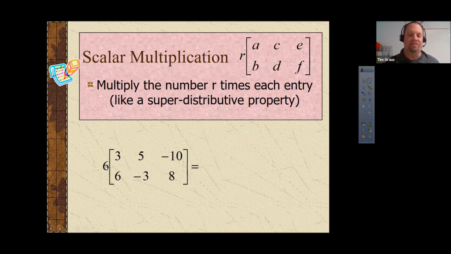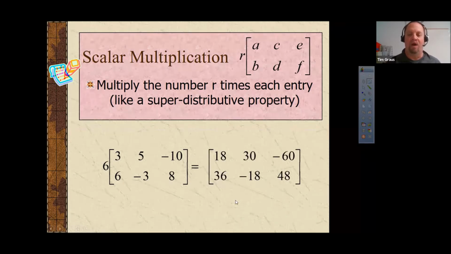So in this instance, I'm going to take the 6 times the 3, 6 times 5, 6 times negative 10, and also multiply the 6 across the bottom row, 6 times 6, 6 times negative 3, and 6 times 8. And we'll wind up with this new matrix, 18, 30, negative 60, 36, negative 18, 48.